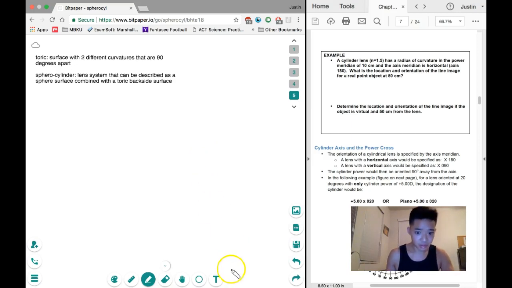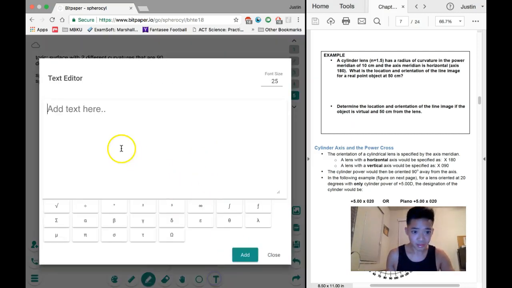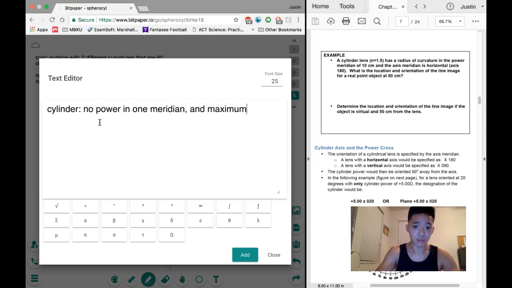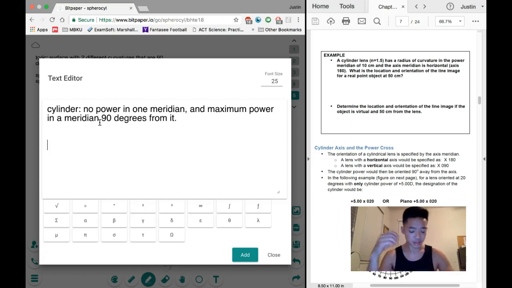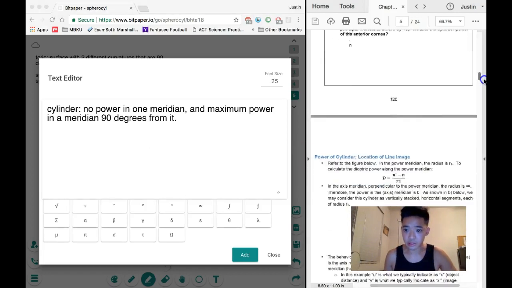Just to review some other key concepts for a plano cylinder, just a cylinder like a shape: be sure to understand that there's no power in one meridian and maximum power in a meridian 90 degrees from it. For example, we see this cylinder right here.